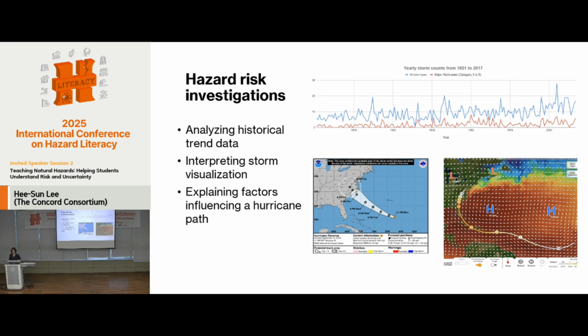So we created a simulation to manipulate high pressure and low pressure systems and change the strengths of each pressure system, and then run the simulation to see where this is going, to teach students about how environmental factors, or system factors, determine the strength and the path of future hurricanes.